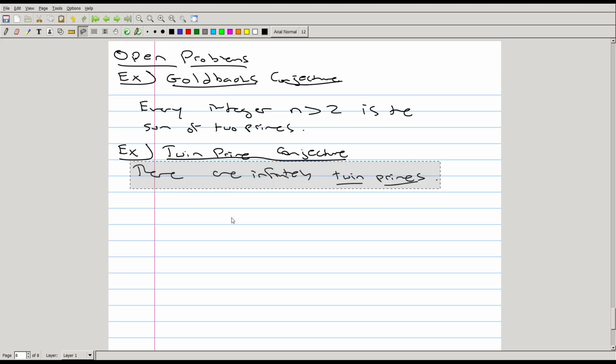The last open problem that I want to talk about is fairly complicated, but it should be mentioned because it's very important. It's not necessarily a direct statement about the prime numbers, but it is extremely related to them. This is called the Riemann Hypothesis.